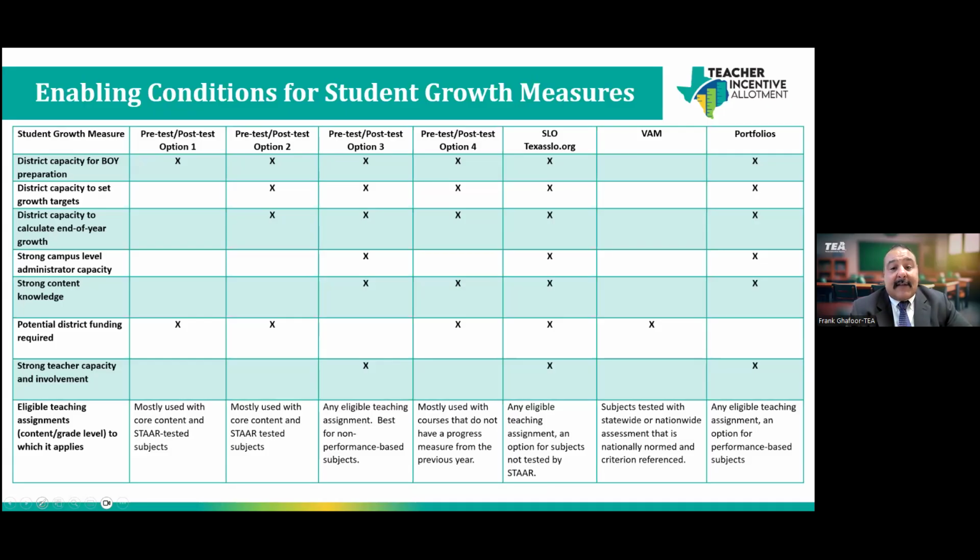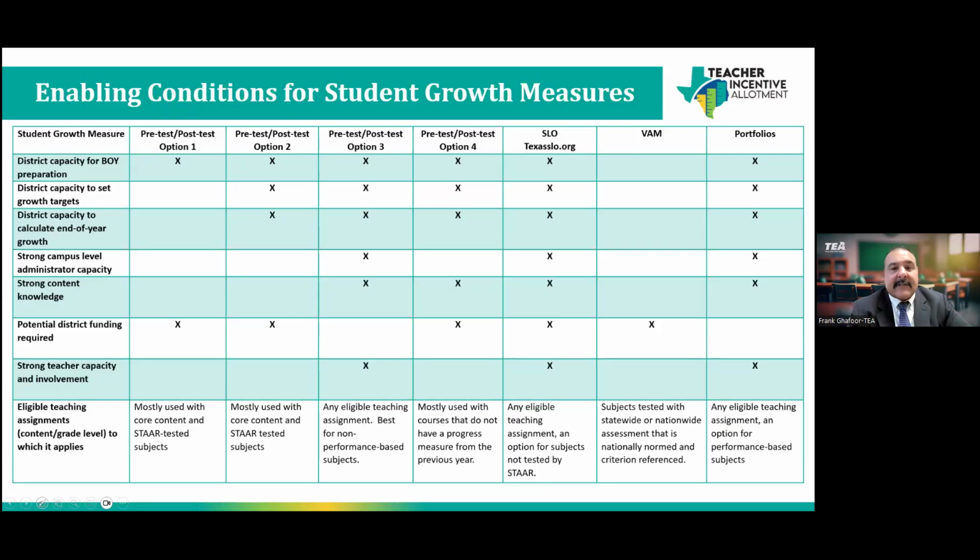With SLOs, there's quite a few items that are ticked in this. So you do need comprehensive supports to be able to do SLO and to do it well. But the good news is there's a lot of districts that are doing SLO and doing it well, and it's not as big of a lift as you may think it is. Now with VAM, the potential roadblock is going to be funding, especially if you're looking to calculate growth for those non-STAR tested courses.